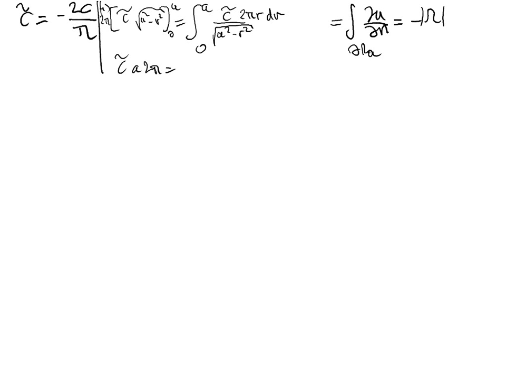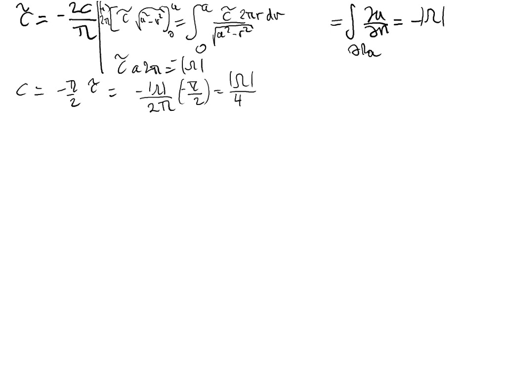This has to be equal to minus omega, where the diffusion coefficient is equal to 1. So finally we get c equals minus pi divided by 2 c tilde, which is equal to minus omega divided by 2 pi multiplied by minus pi divided by 2, which is simply omega divided by 4.